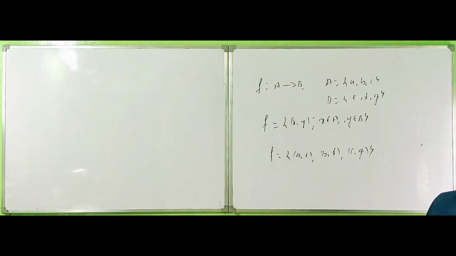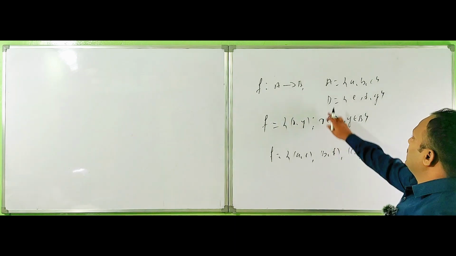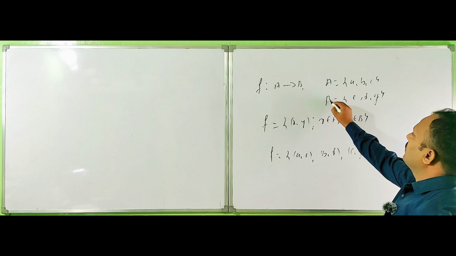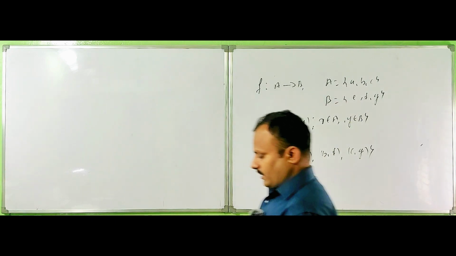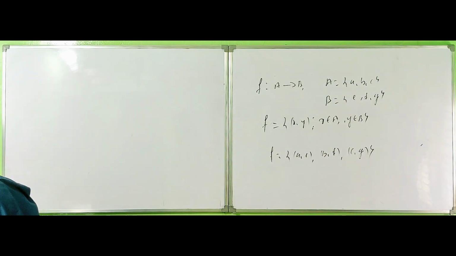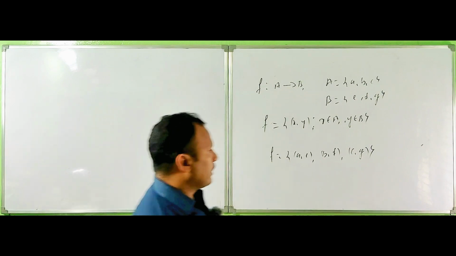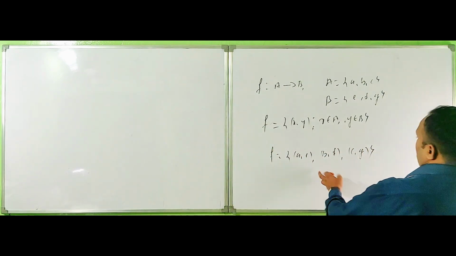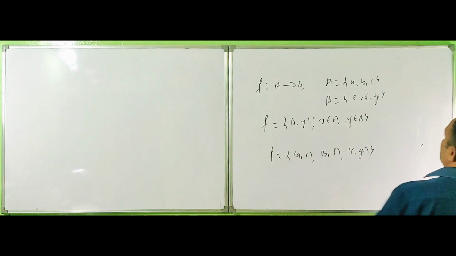Just consider F is the function from A to B, where A is {a, b, c} and B is {e, f, g}. The ordered pairs are (a, e), (b, f), (c, g).